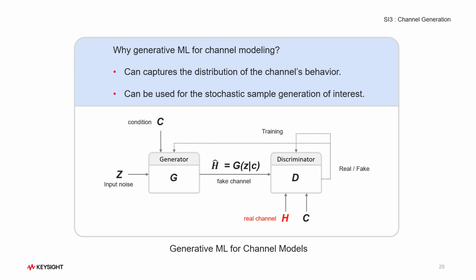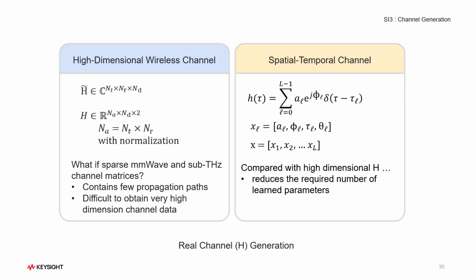Moving to the next page, let me address some important points about the real channel H. In general, preparing real channel data to train a GAN model is not trivial. High-dimensional wireless channel and spatial-temporal channel are two different aspects of wireless communication channels, and they have distinct characteristics. High-dimensional channel refers to the channel with many correlated paths.